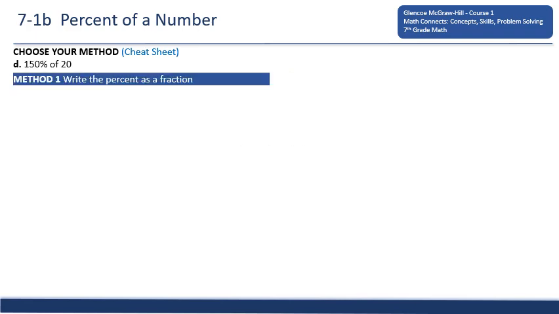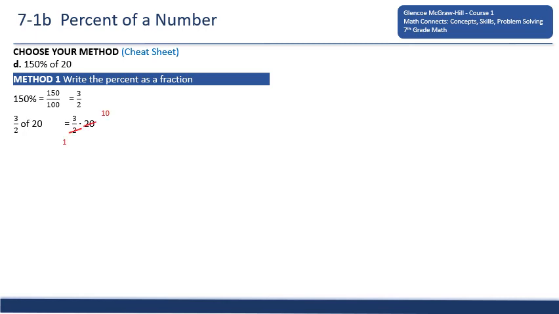150% of 20. So write percent as a fraction. 150% equals 150 over 100. And if we simplify that with the greatest common factor of 50, we get 3 over 2. So then we'll multiply 3 over 2 times 20, and we can simplify 2 and 20.